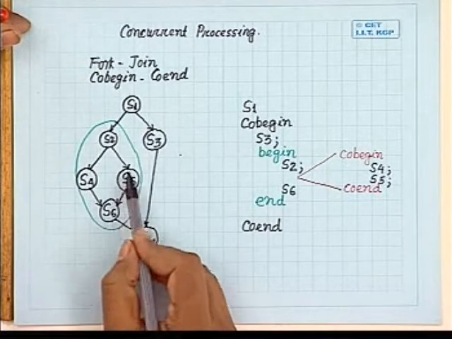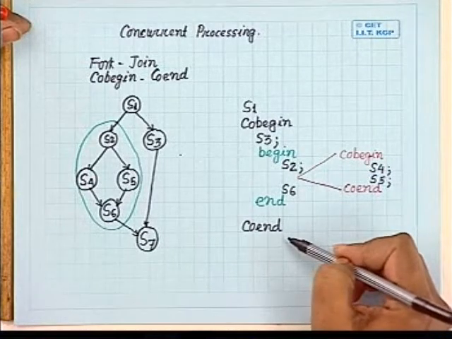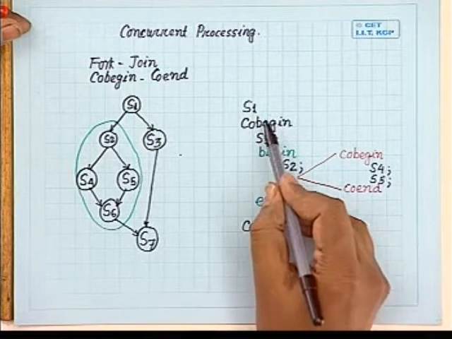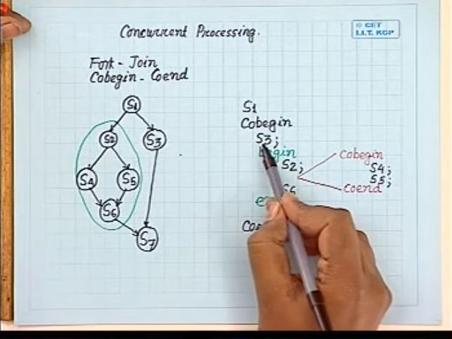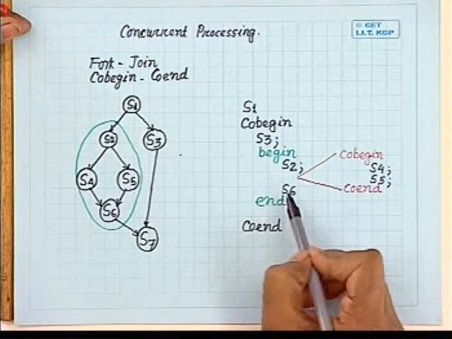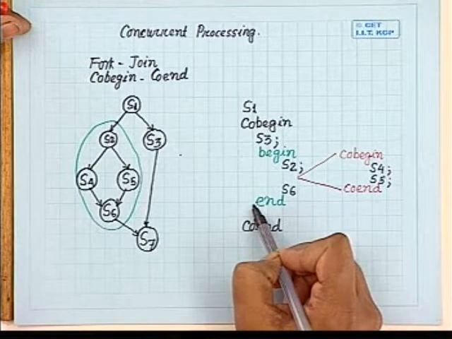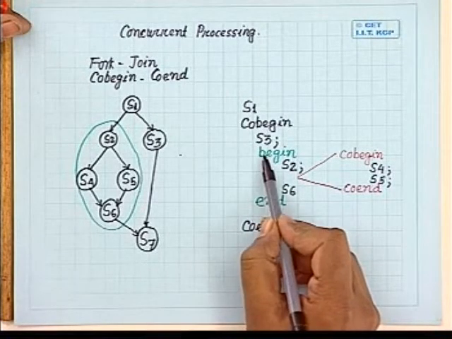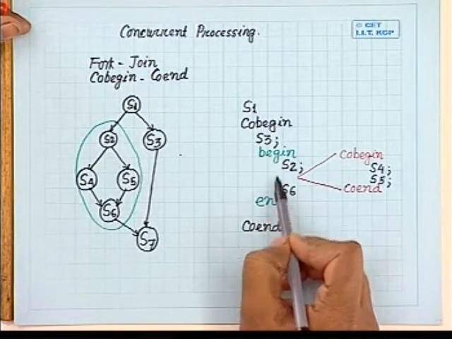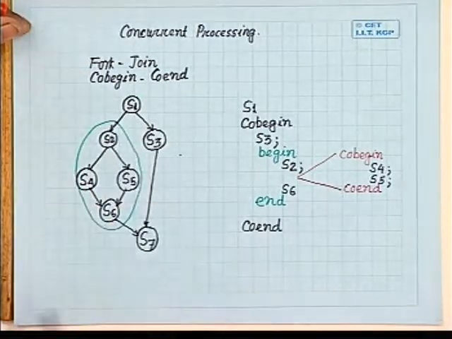You find how we have translated this precedence graph into a program like this. First, we execute S1 by a single process. After completion of S1, we create two processes. One process will execute S3 and the other process will execute the statements within the begin end structure. The process executing this part of the code is responsible for this part of the precedence graph.